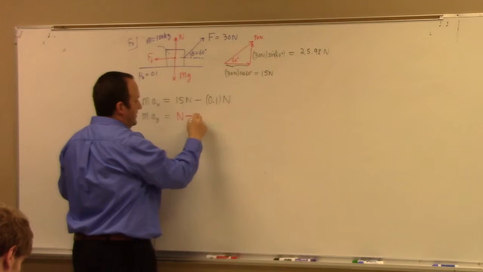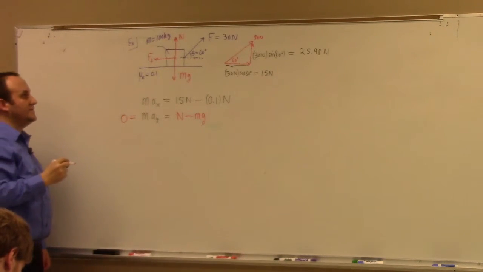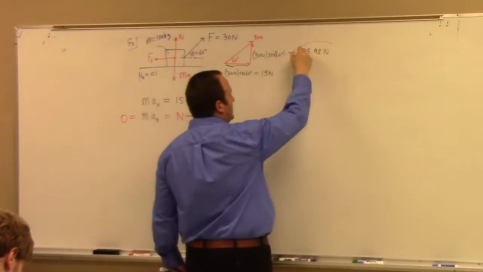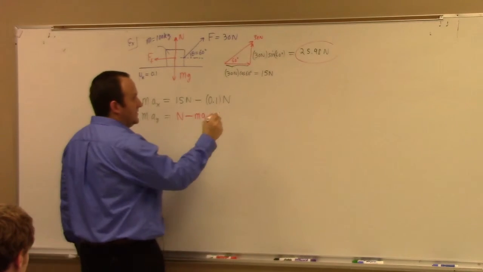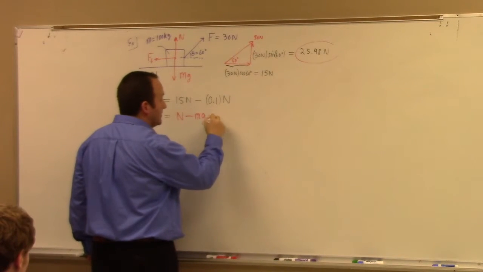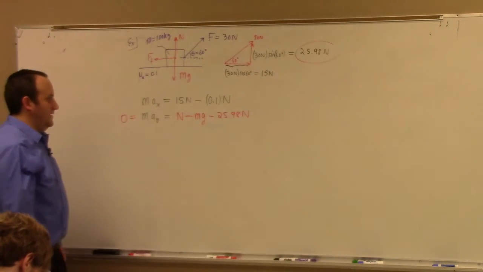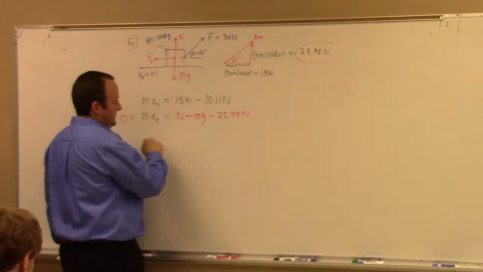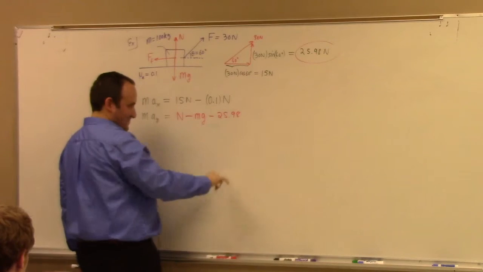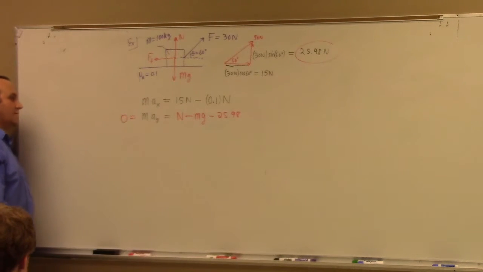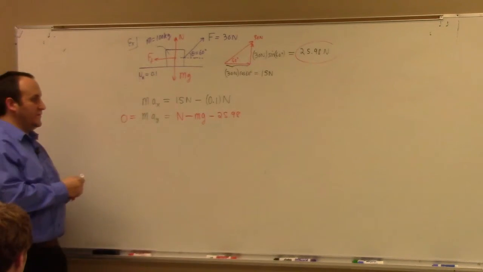Minus mg, right? But now there's a new player. There's someone else involved in the vertical direction. This one. That interferes with the naive simplicity of the last example. And I'm sorry about this. Tell you what. There, better. Okay. So what's the normal force?